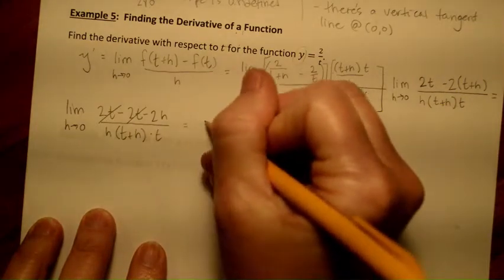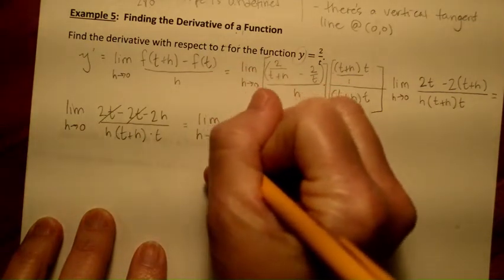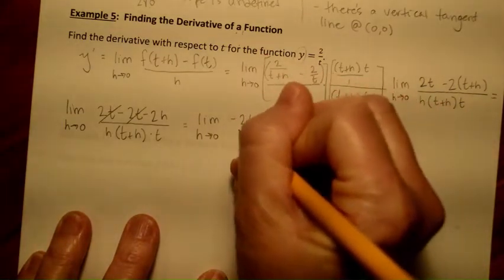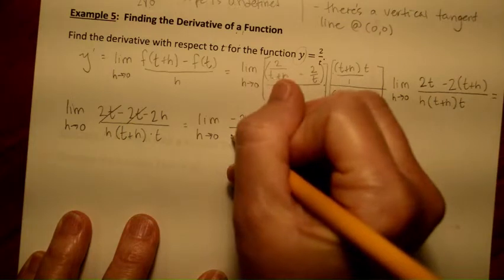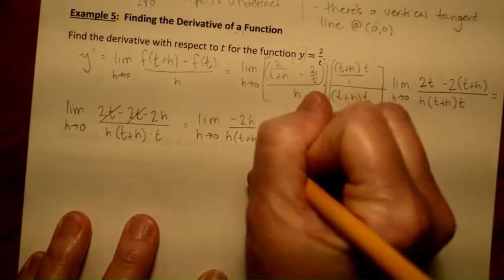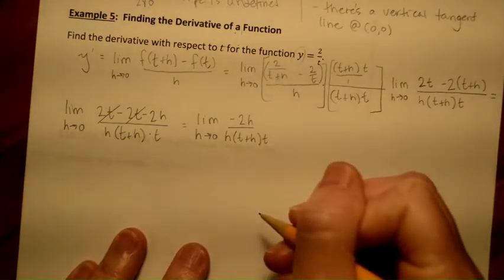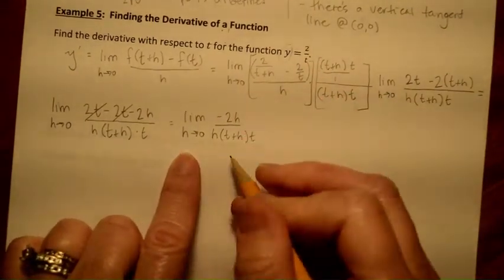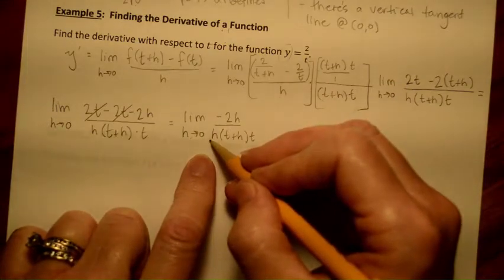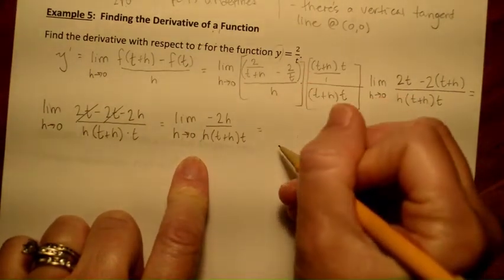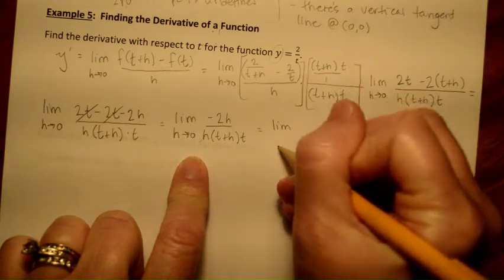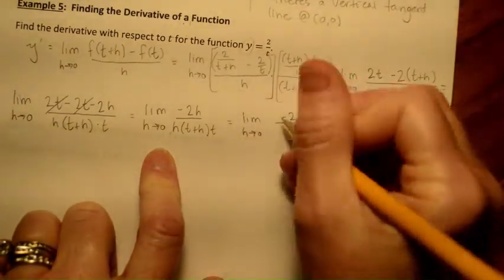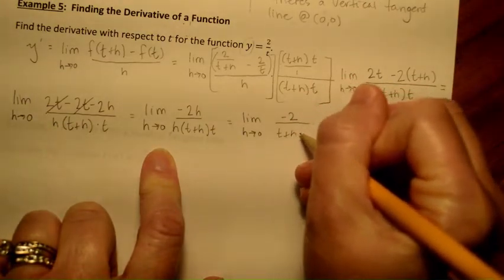And I end up with limit as h approaches 0 of negative 2h all over h times t plus h times t. All right, now's the time to cancel out our h's. Again, h is the offending thing here, so we're trying to get rid of it in the denominator. So we end up with limit as h approaches 0 of negative 2 over t plus h times t.